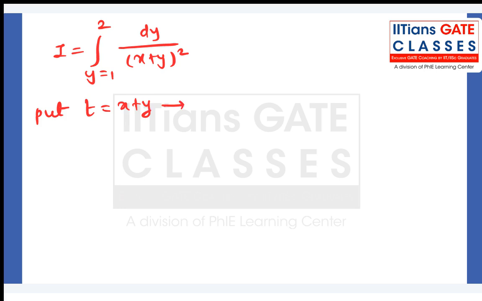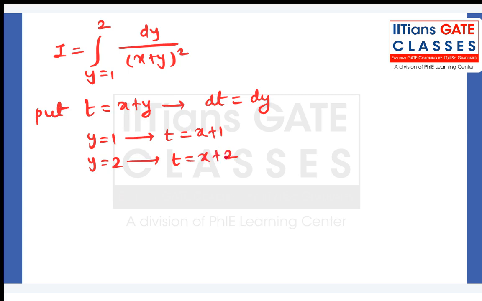Just to simplify everything, put this as t equal to x plus y. Since the integration is with respect to y, x is treated as constant. So you'll have dt equal to dy, and when y is equal to 1, t becomes x plus 1, and when y is equal to 2, t becomes x plus 2, because your limits of integration will also change. So this will become x plus 1 to x plus 2, and you'll have dt by t square, so t power minus 2.